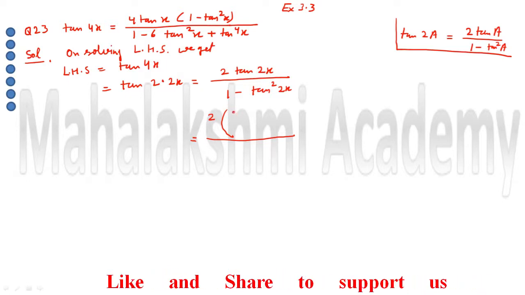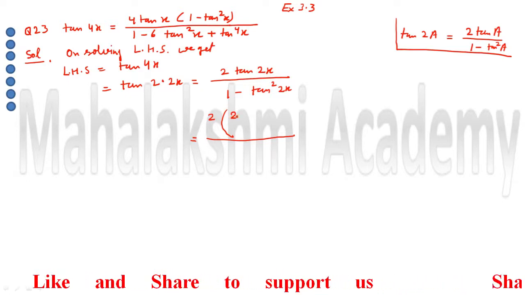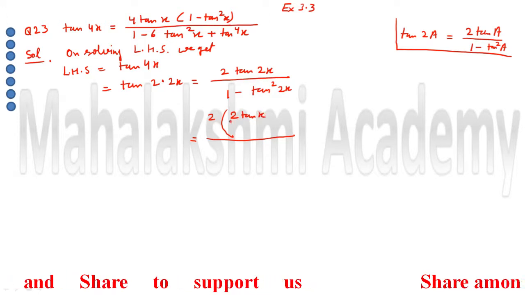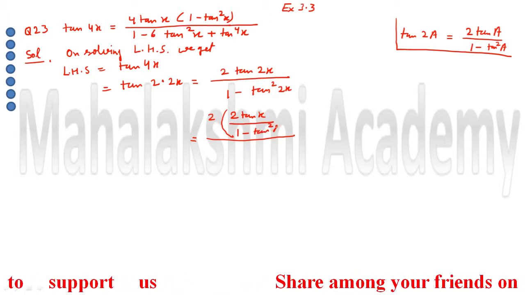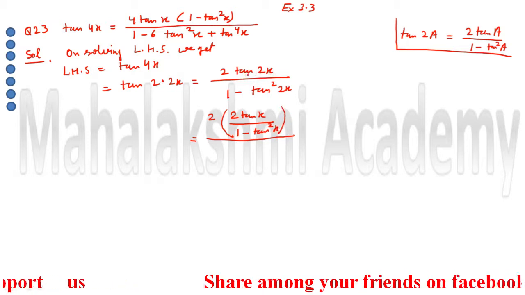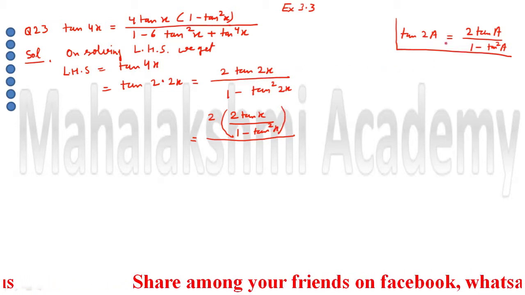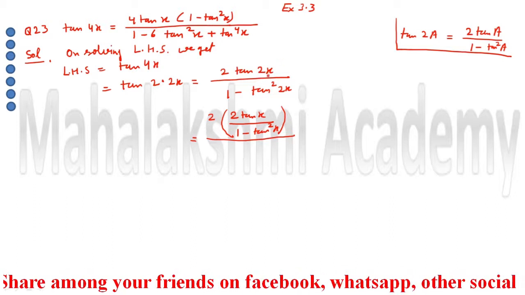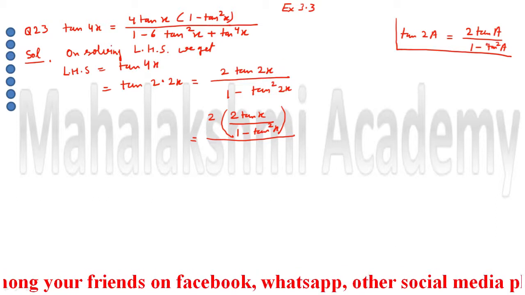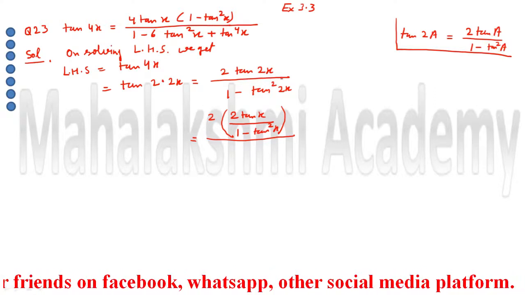So when we use the formula, it is going to be 2 tan x divided by 1 minus tan square x. Instead of tan 2x, we used this formula, and instead of a, this time we have only x. Wherever we had a, I used x.